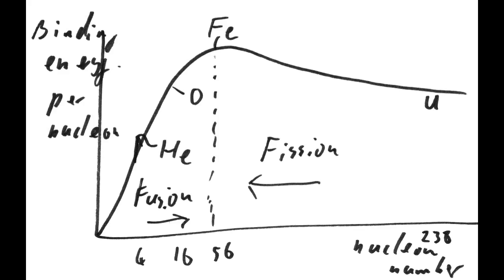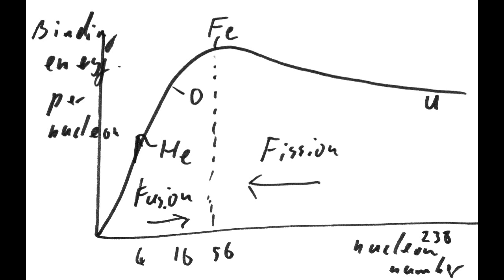At low nucleon level, hydrogen and helium and the isotopes all the way up to oxygen and iron, the binding energy per nucleon increases rapidly as nucleon number increases. The increase in binding energy per nucleon continues, but at a far slower rate as the nucleon number increases up to 56 or so, and that's the region that contains iron.